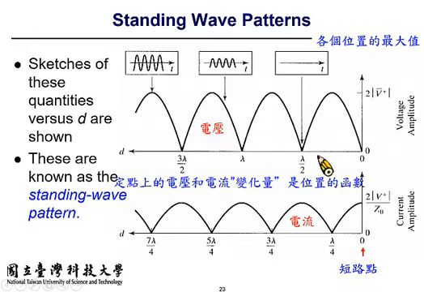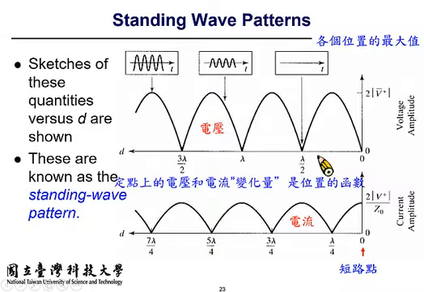Because the previous slide takes the magnitude of the voltage and current signal, they are all positive. So that represents what you get if you use a voltage probe or a current probe on the transmission line where a complete standing wave appears. What does the line suggest?